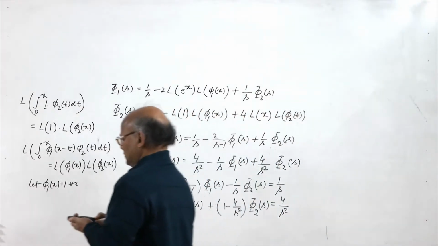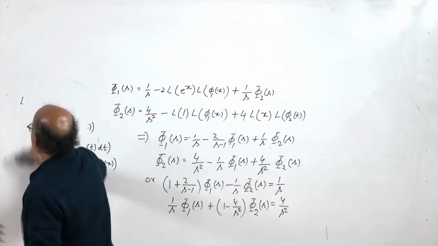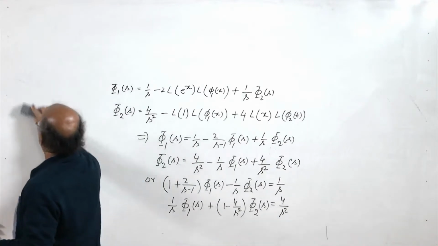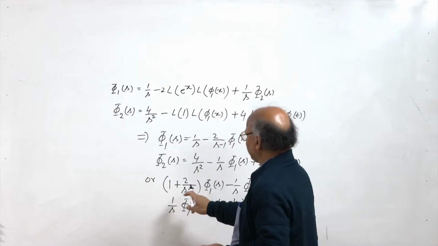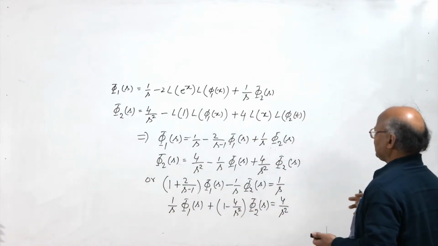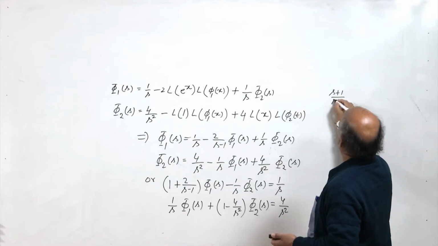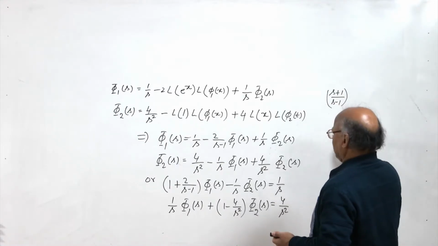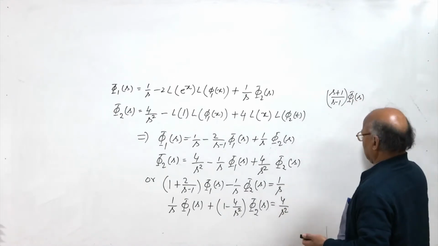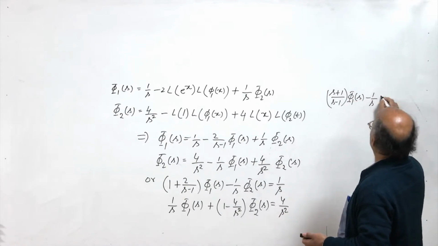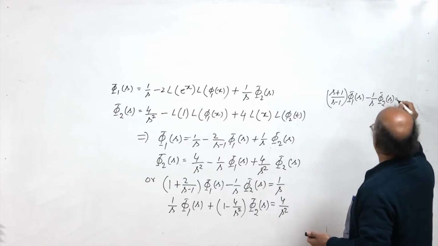Simplifying, we get 1 plus 2 over s minus 1 becomes s plus 1 over s minus 1 into phi 1 s minus 1 over s phi 2 s equal to 1 over s.